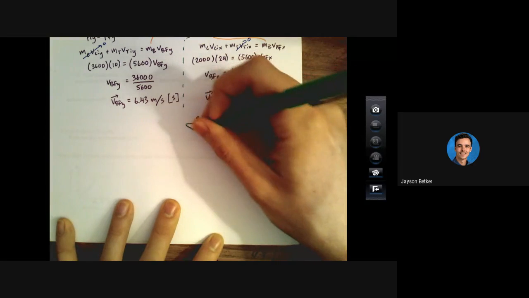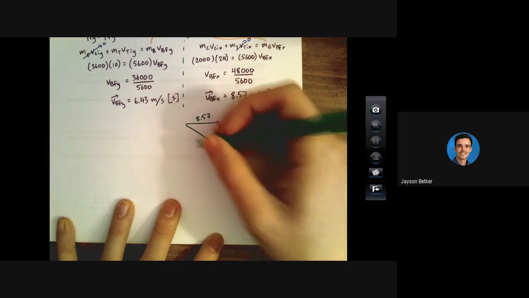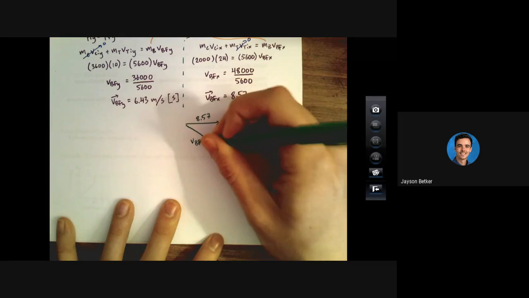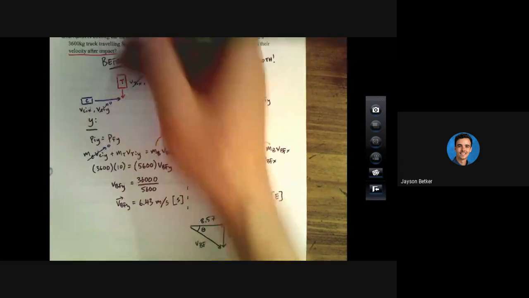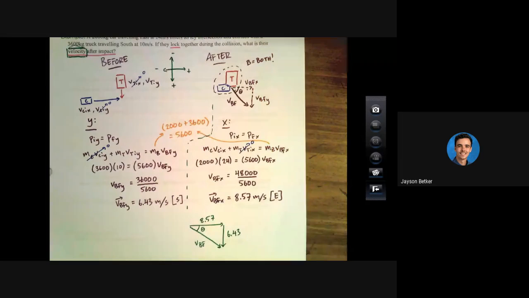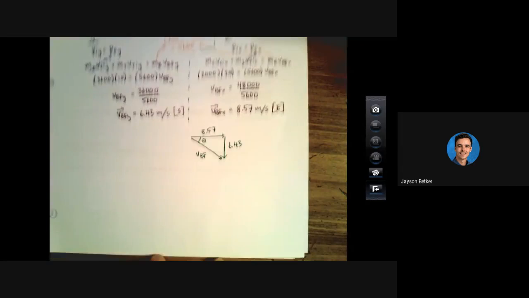So our job now is to find the hypotenuse, which is VBF, and the angle, because the question does ask what is the velocity, right? If you look back up at the question, it says what is the velocity? Therefore, it is important to find not only the speed, but also the direction.